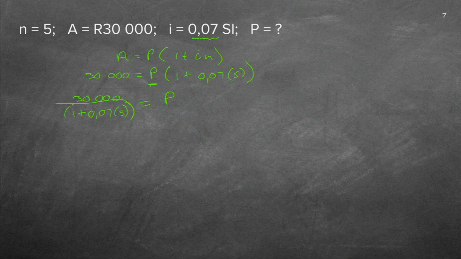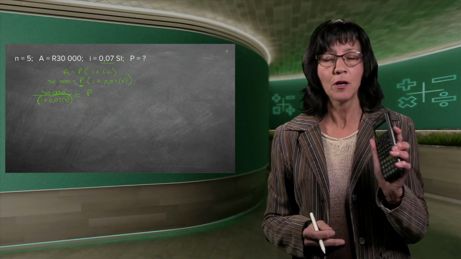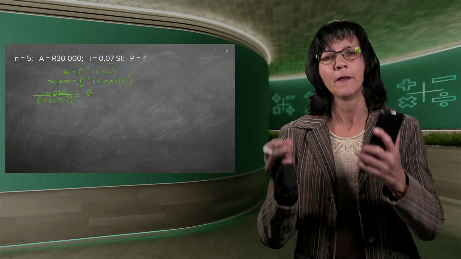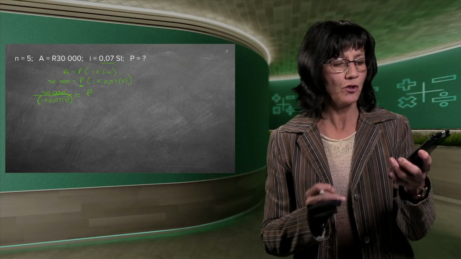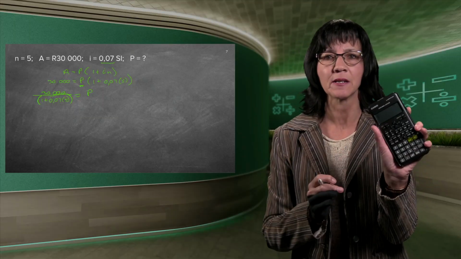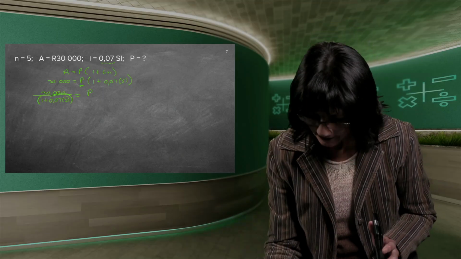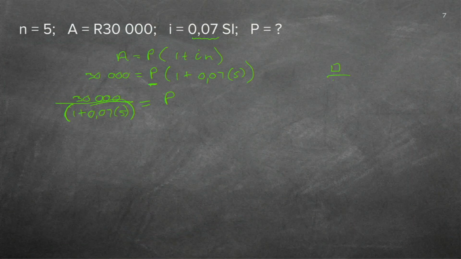Remember the big bracket around. And there's your little line. So now you've got your P all alone, and all you need to do, you grab your calculator. Now again, I want to show you, there's different ways of doing it. You can say 30,000 divided by, and then slot in the bracket. Or you can just press the fraction button. It's right on the left-hand side, the second one from the top. It's a little block over a little block.